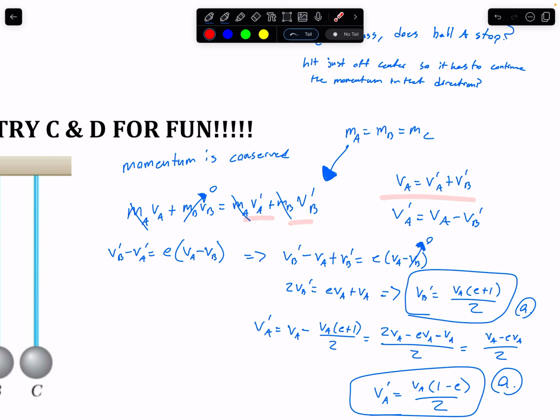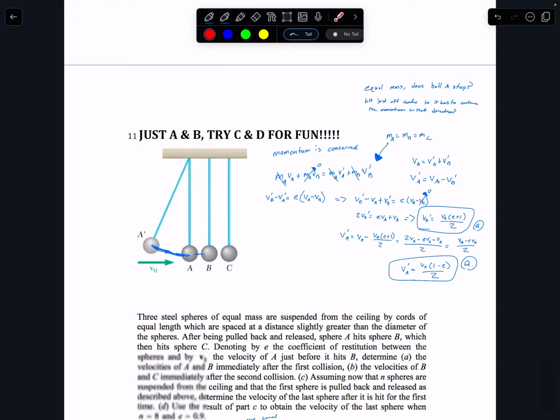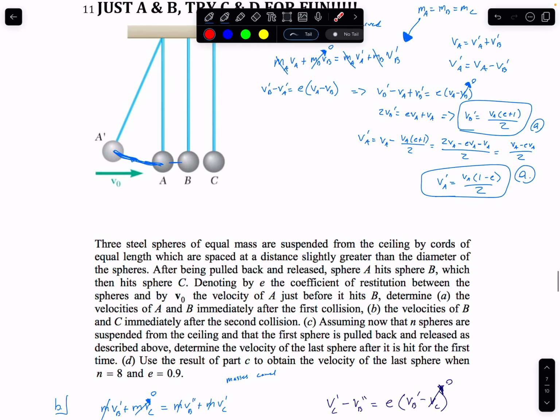And we also have the equation VB prime minus VA prime is equal to E times VA minus VB. So we can do some algebra, VA prime is equal to VA minus VB prime.